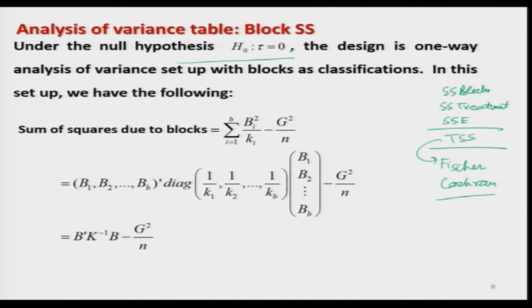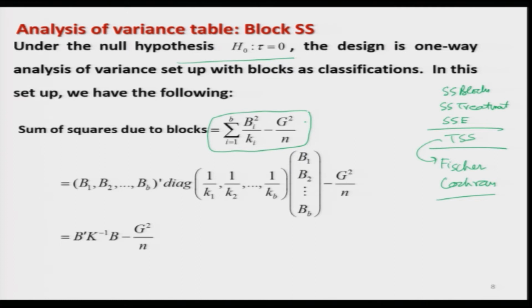First we find the sum of squares due to blocks. If you remember, in a two-way classification, for example in the case of a randomized block design, it was summation i goes from 1 to b, B_i square upon k_i, minus G square upon n.